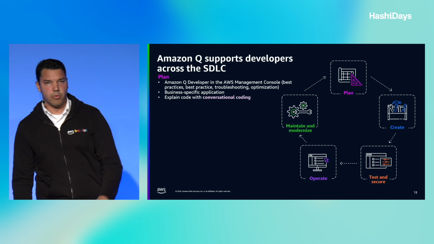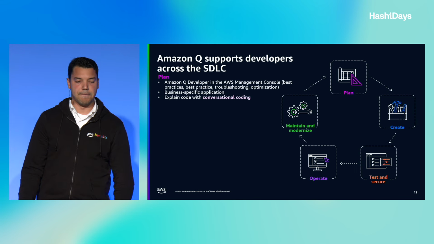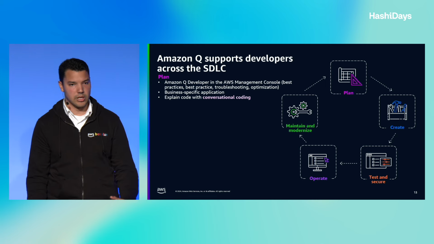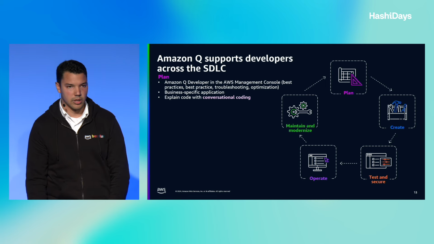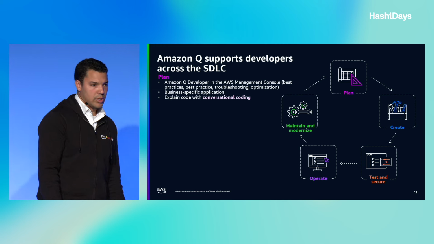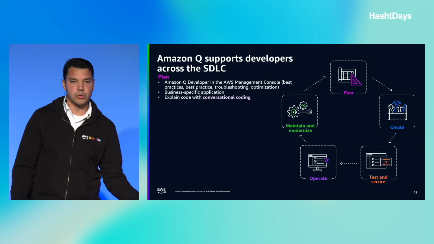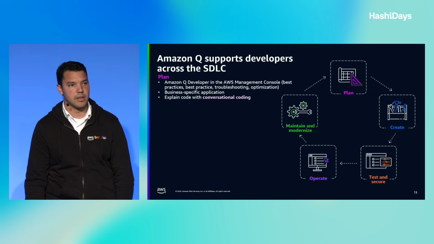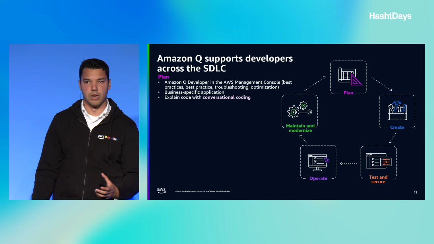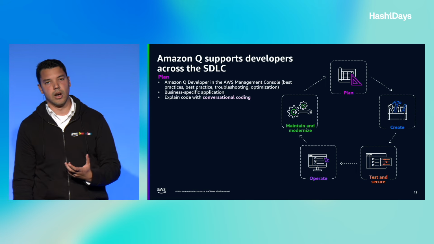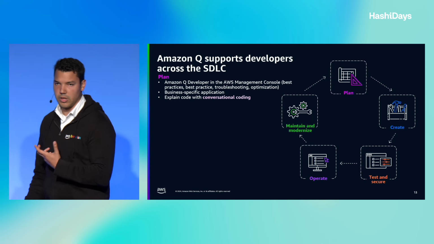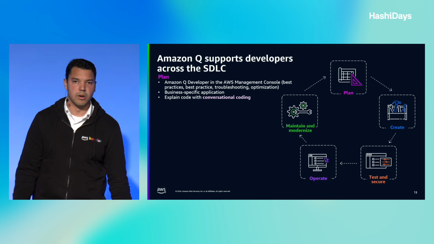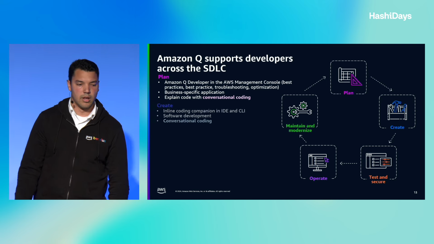Now, if we recall the number of steps and the lifecycle that developers go through on a daily basis, I want to map how Q can help in each phase. As we saw in the plan phase, you can get information and exploration about how deploying Terraform code is defined within your team or organization.